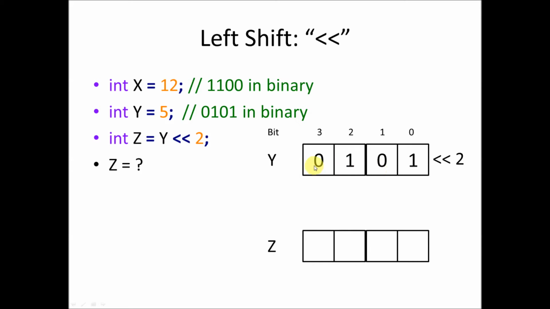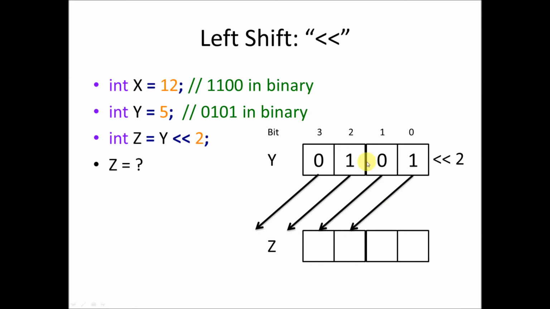So all of the bits in y are going to be shifted left by 2 and copied into z. This 1 is going to end up here, this 0 is going to end up here, and all the other ones, because they end up farther out on the end of the representation, disappear.